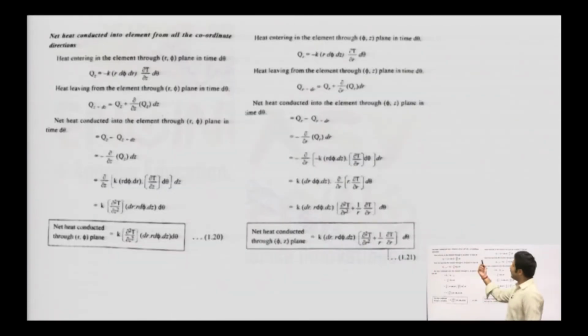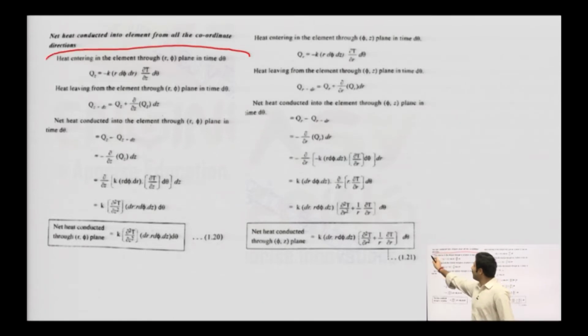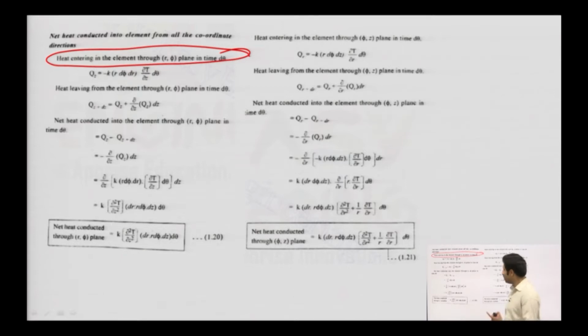Now the net heat conducted into the element from all coordinate directions. Heat entering the element through the r phi plane in time d theta, which I was writing as small t and here we are taking as theta. So qz equals minus k, which is nothing but Fourier's law of conduction in cylindrical coordinates.